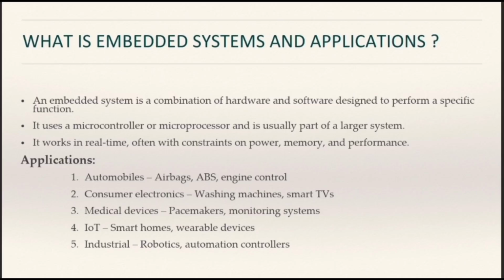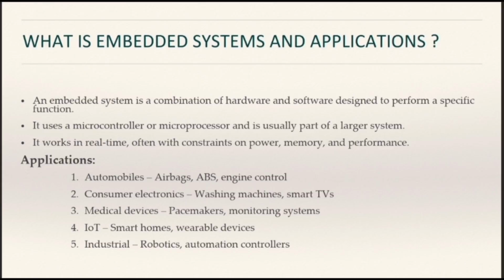And now coming to what embedded systems are and their applications. An embedded system is a combination of hardware and software designed to perform a specific task. It uses a microcontroller or a microprocessor and is usually a part of a larger system. It works in real time, often with constraints on power, memory, and performance.